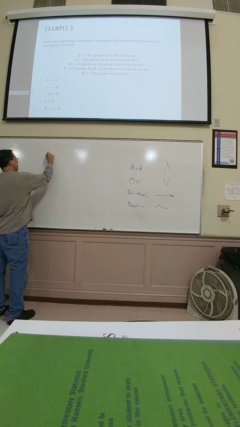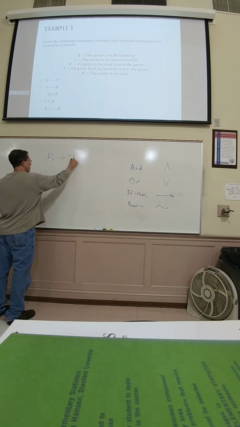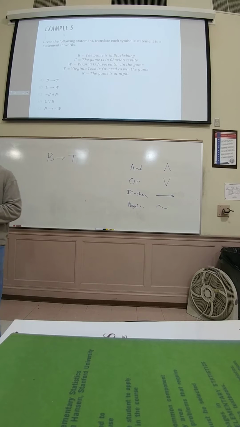I'm going to do this one, B, arrow, T. Well, arrow represents, Blacksburg. Or excuse me, if then. I got ahead of myself. So arrow represents if then. B represents Blacksburg. And then T is Virginia Tech favored to win.